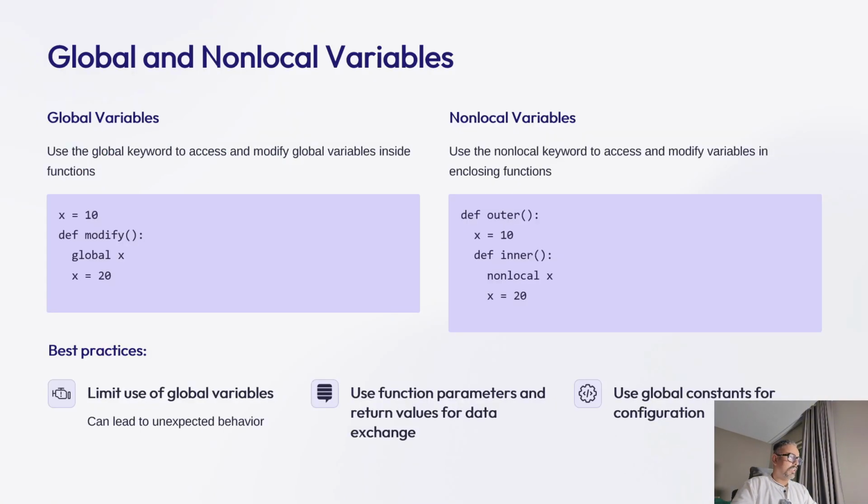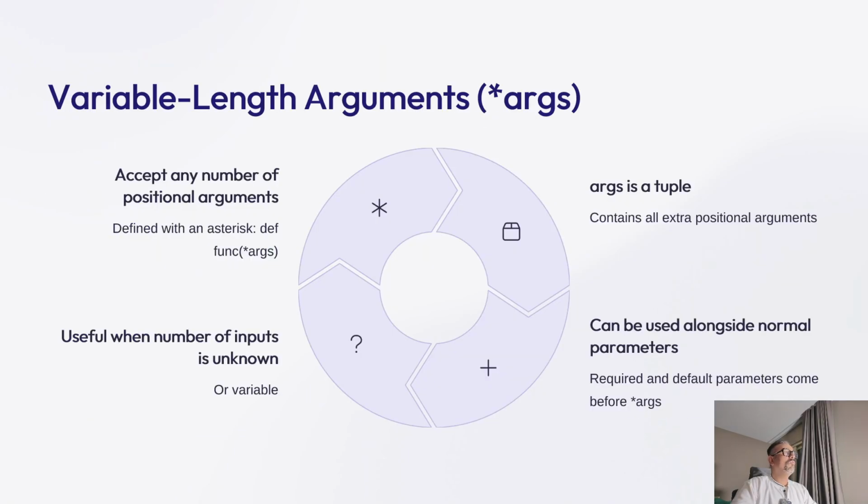Now what's next? We are going to talk about variable length arguments, that is asterisk args. This argument is often referred to as args, and it allows a function to accept any number of positional arguments. This creates a highly flexible function that can work with varying inputs.